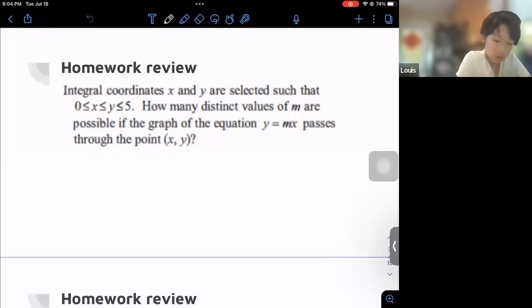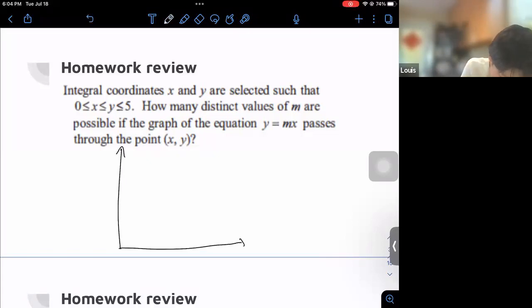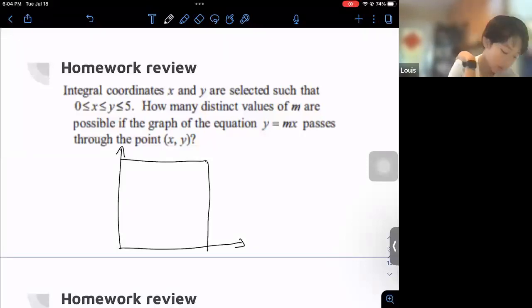Okay, so integral coordinates x and y are selected such that this holds. How many distinct values of m are possible if the graph of the equation passes through this point right here? Okay, so for this one, we can just make a grid.